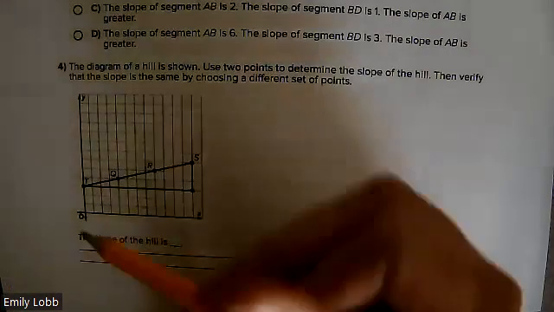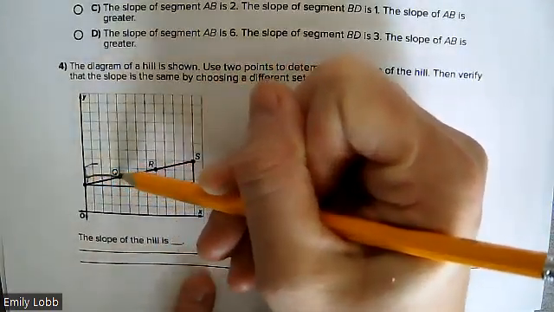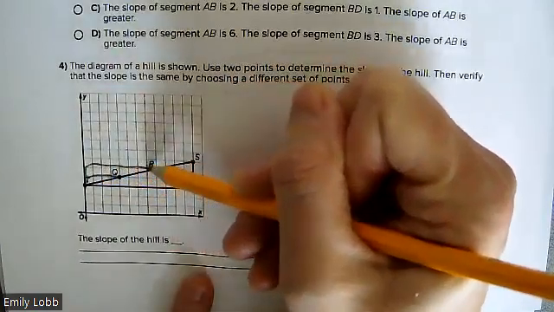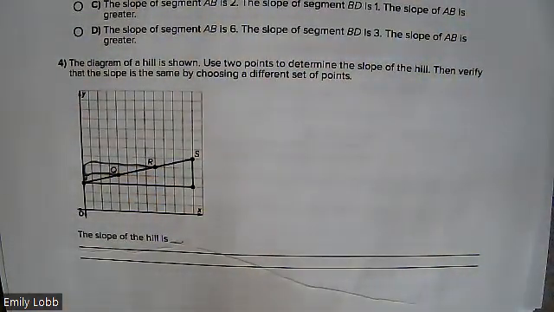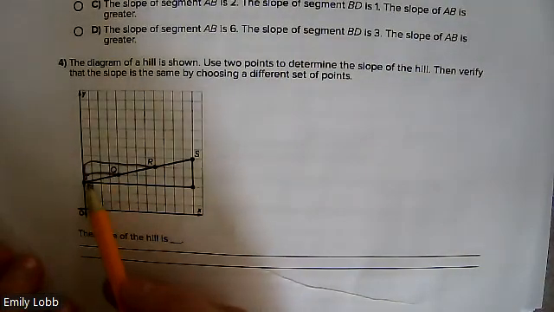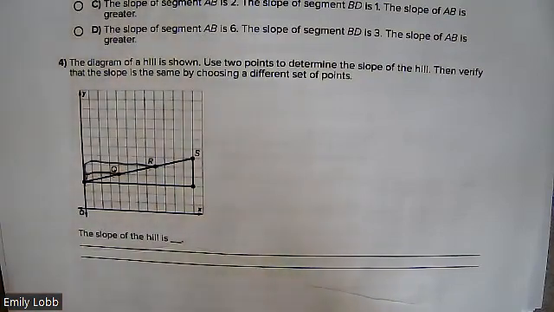So use 2 points. Maybe use these 2, and these 2, and talk about what the slope is from T to Q and what the slope is from T to R.